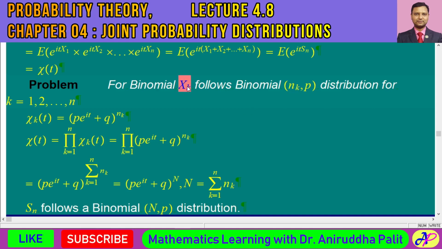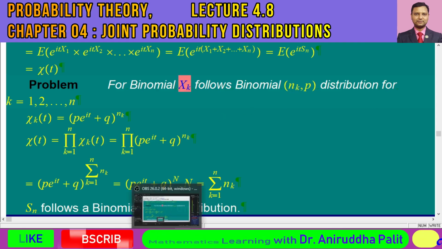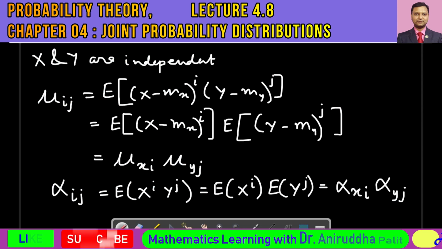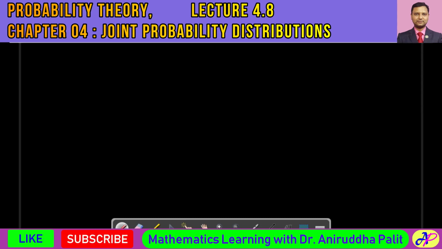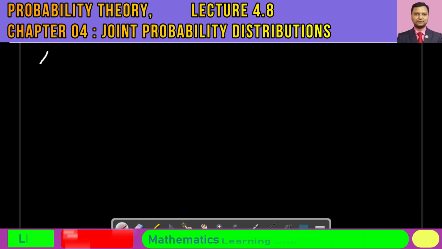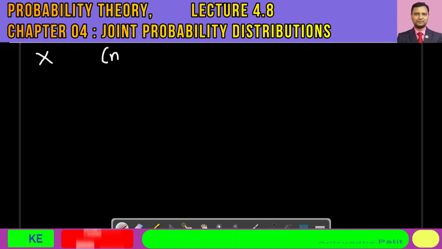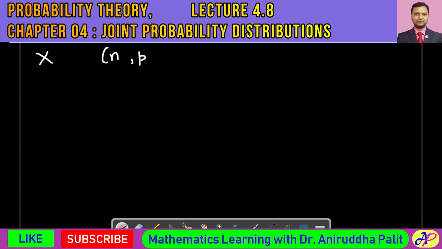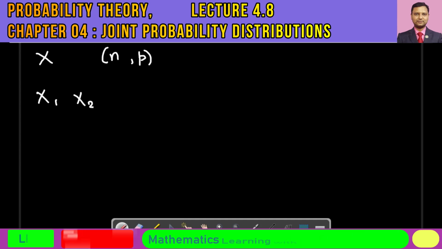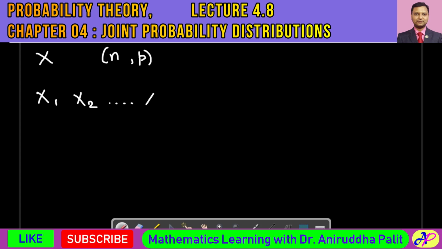Like if x is a binomial n, p variate, but in place of x we actually have n random variables x1, x2, dot dot dot up to xn.